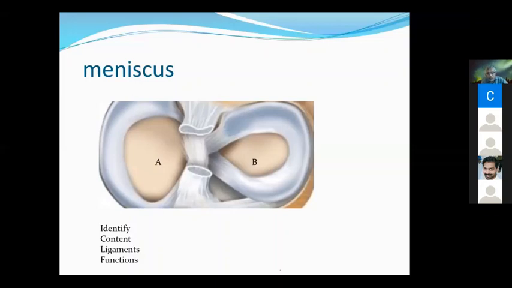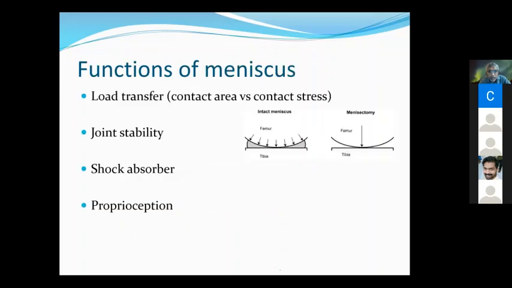Reduces wear and tear. The physiological locking mechanism is also dependent on it. Takes part in the locking. Okay, so you guys have pretty much touched on everything. So these are the functions of the meniscus.